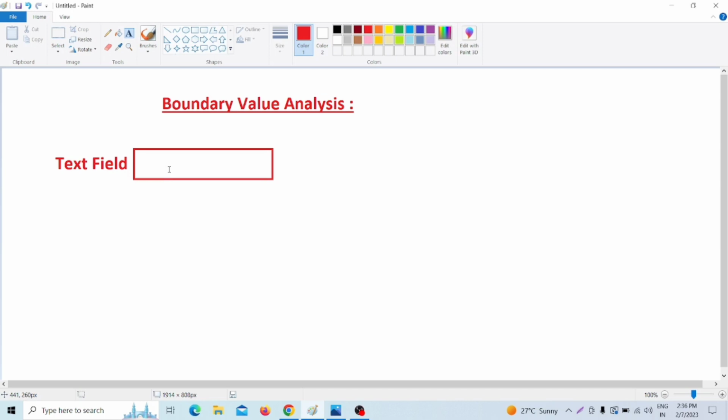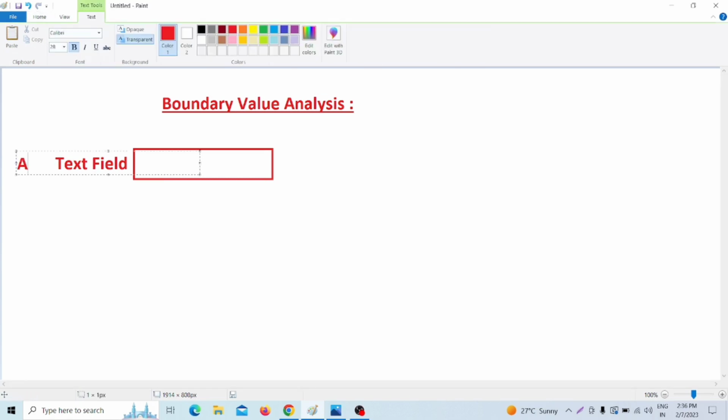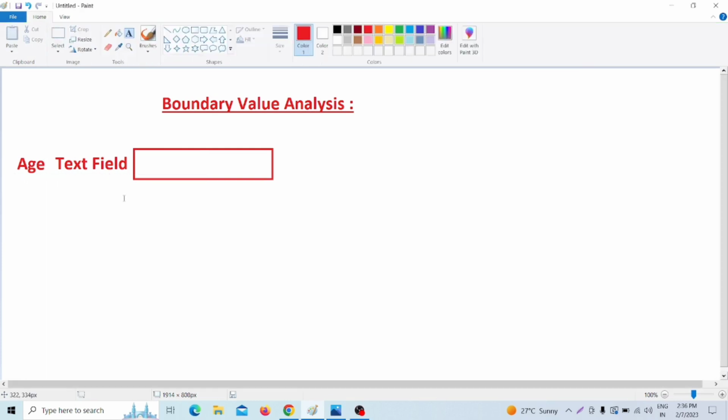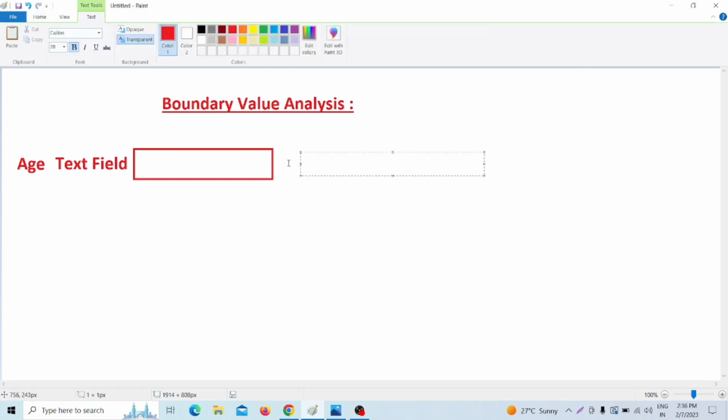And let's suppose it's an age text field. This age text field can accept, for example, 10 to 70. So the accepted value is 10 to 70. These are the accepted values. Only 10 to 70 can be accepted.